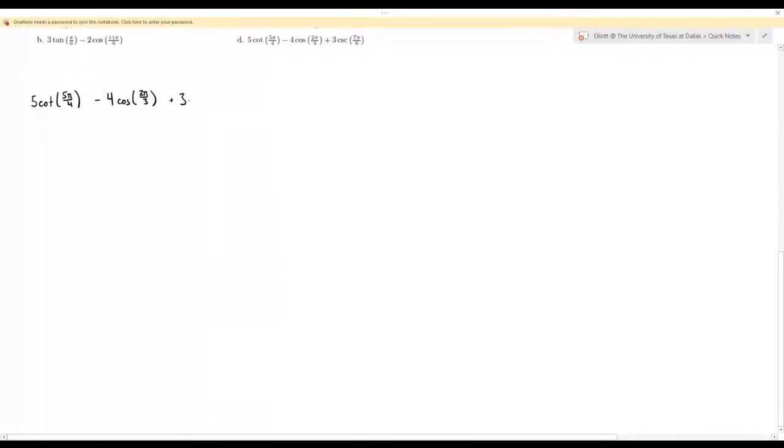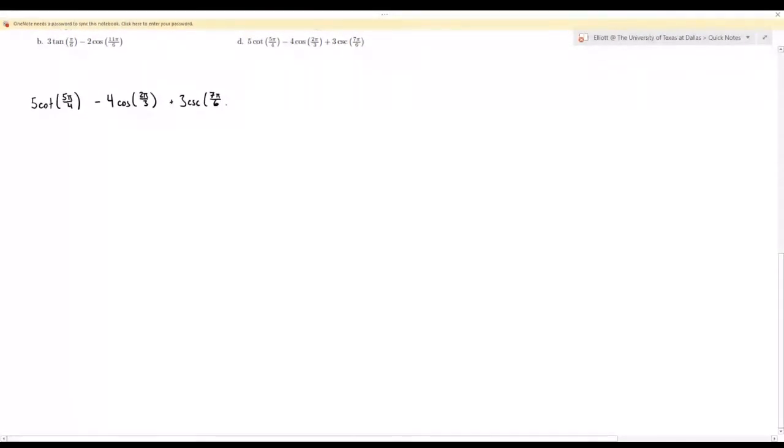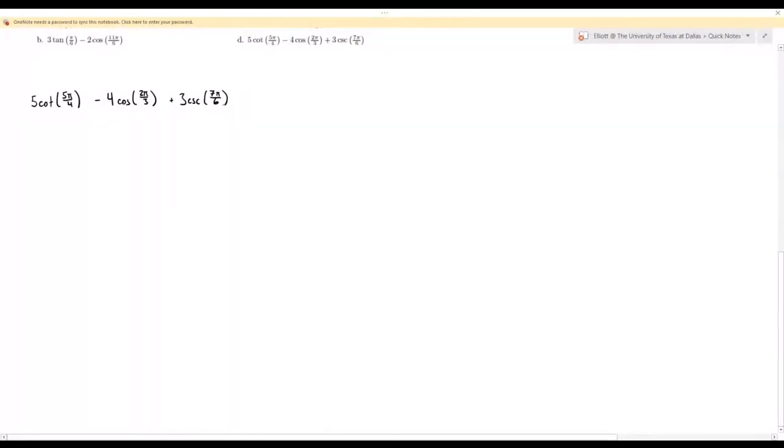And we have plus 3 cosecant 7 pi over 6, okay? All right. Now let's start with the angle here first. So I'm going to start with this first expression, 5 pi over 4.